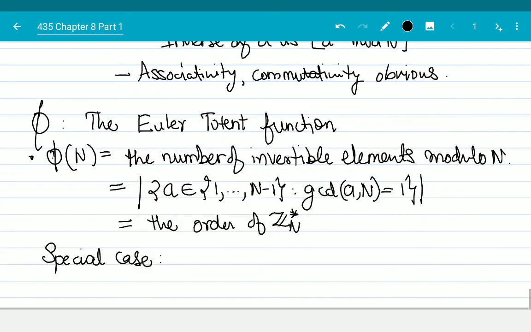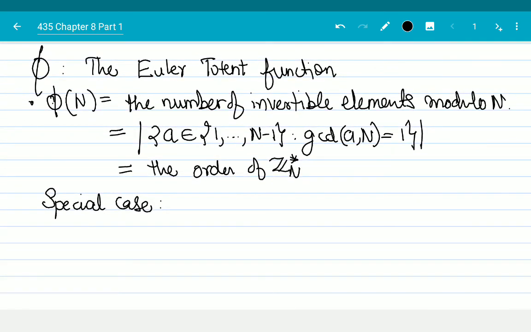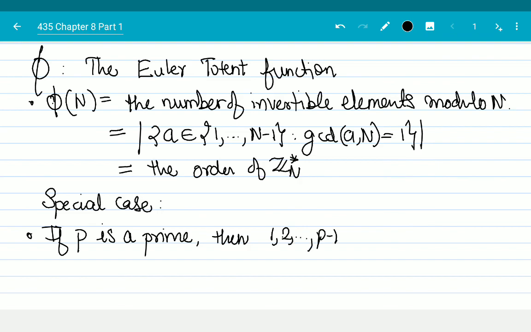If p is a prime, then 1 to p minus 1 all have GCD 1, so they're all invertible modulo p.